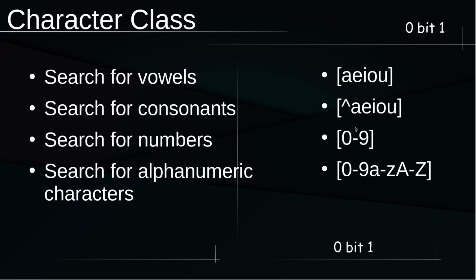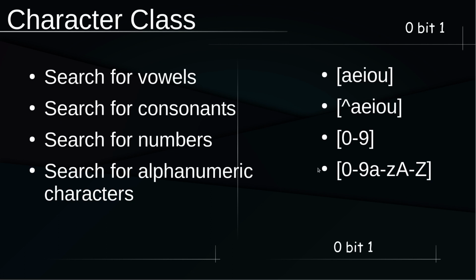Like I was saying, you can't just write everything. You can write it, but it will be lengthy. If you want to search for numbers, you can write 0, 1, 2, 3, 4 up to 9, or the better way to do that is 0-9. This gives a range from 0 to 9. If any character matches, it will be considered a match. We'll see that in the terminal right now.